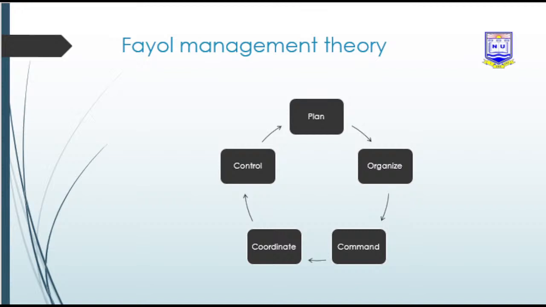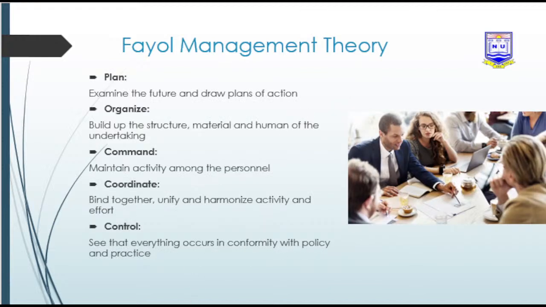Those are the major things he looked at, and he verified that all managers do the five operations. So according to Fayol, we are looking at planning first. All managers do planning, which is the examination of the future.